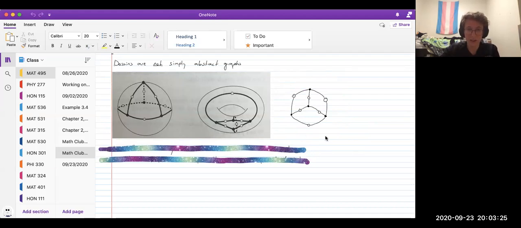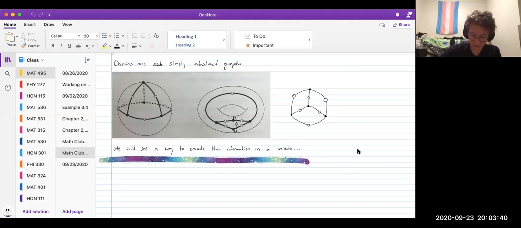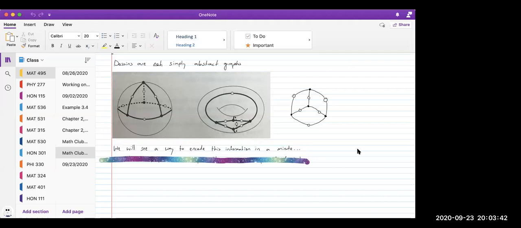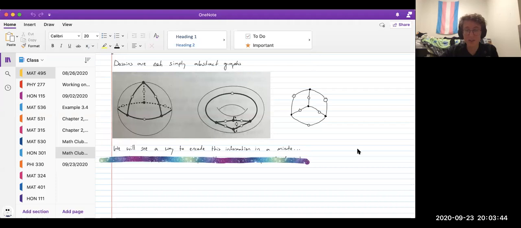I'll explain that more in a minute. So we'll see how we can tell these two dessins apart even though they're the same abstract graph.